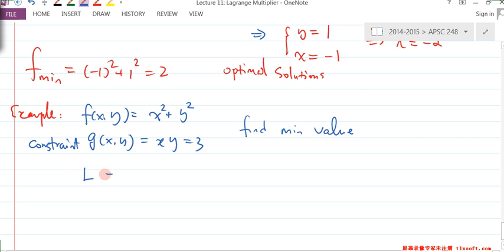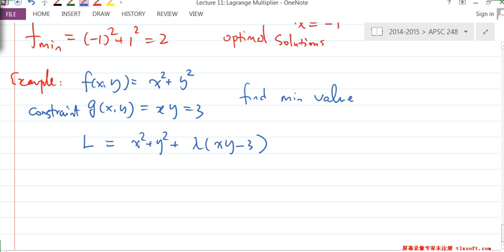I'm going to write down the Lagrangian first. Three equations.